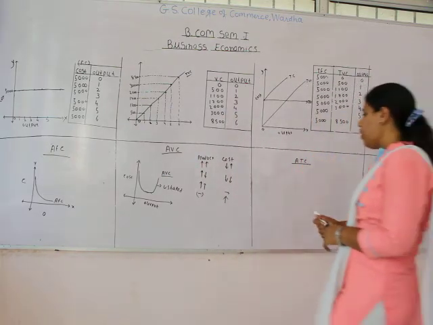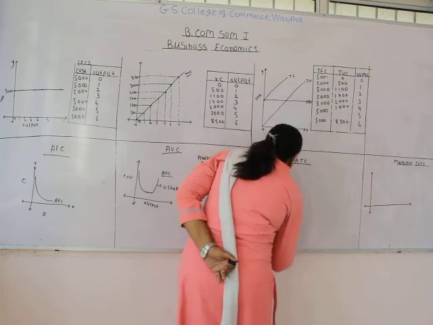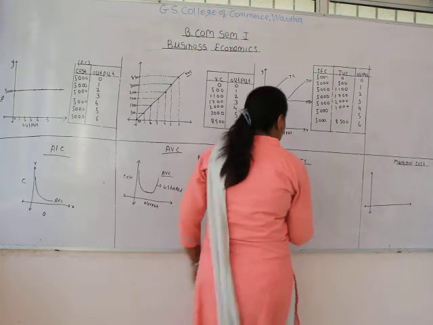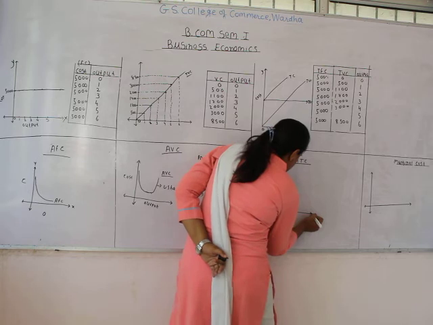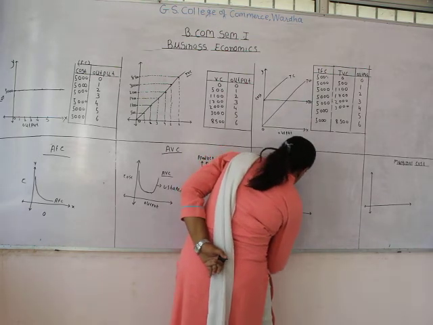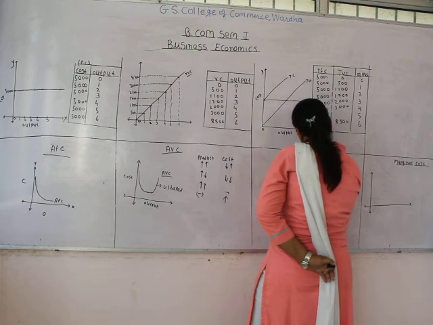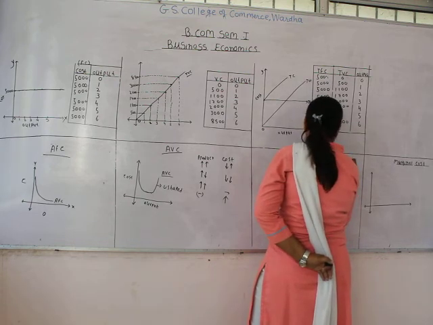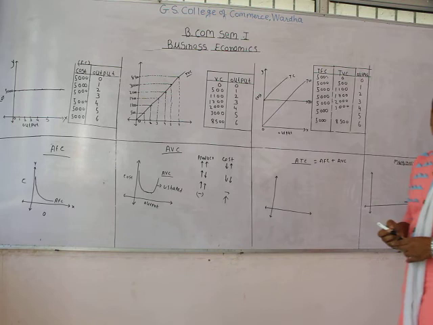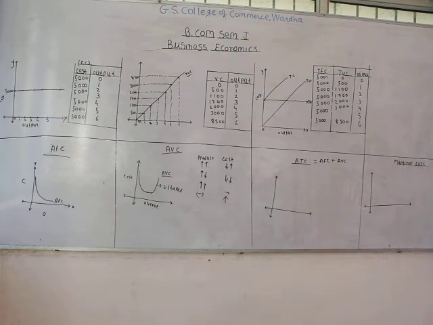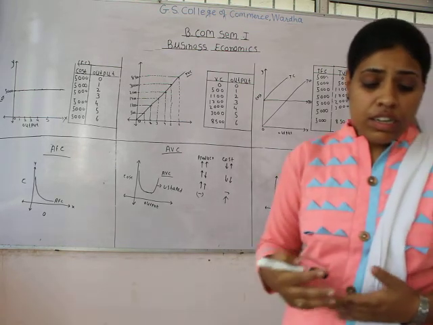Average total cost is basically the summation of average fixed cost and average variable cost. Now see how the average total cost curve is plotted on the graph.